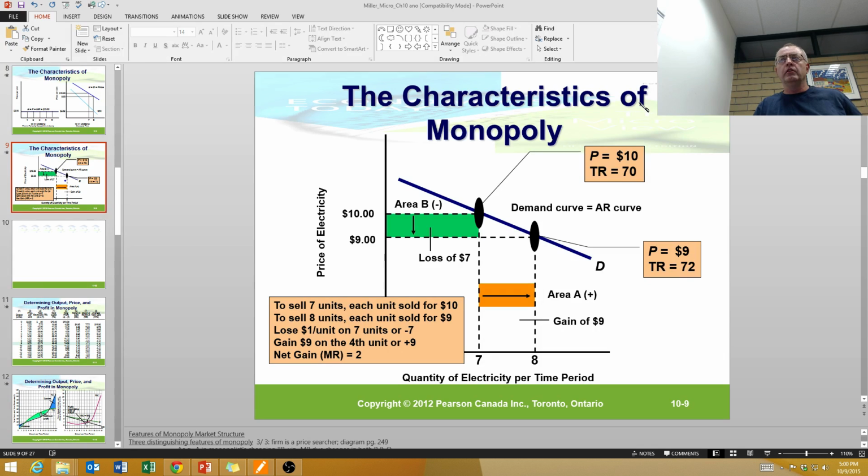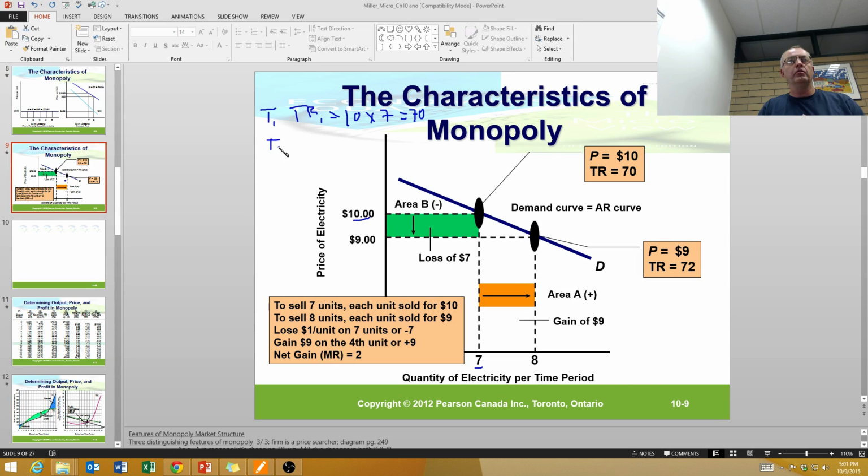Okay, so an illustration of how the monopolist is a price searcher rather than a price taker. It's a price searcher because its profit maximizing point of operation depends on it finding the optimal price and quantity combination. So in our little example on the slide here, at time one, the firm's total revenue equals $10 times 7 units, so its total revenue equals $70.